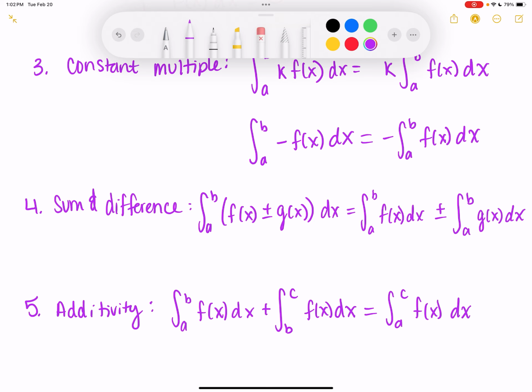So it's basically we have two intervals, but the endpoints of the intervals are the same, so we can do it from the entire interval and just do one integral instead of doing two separate ones.